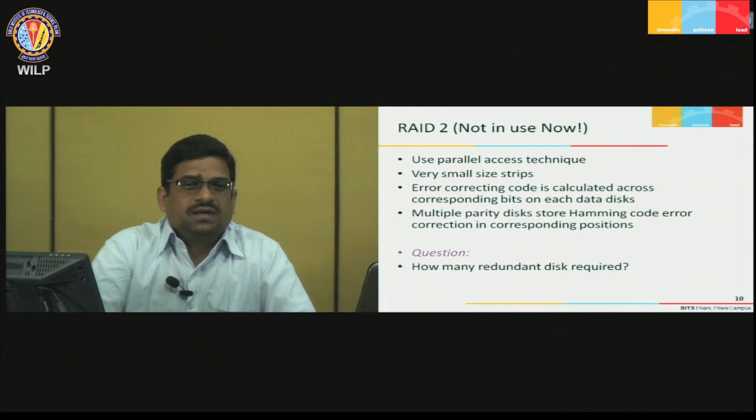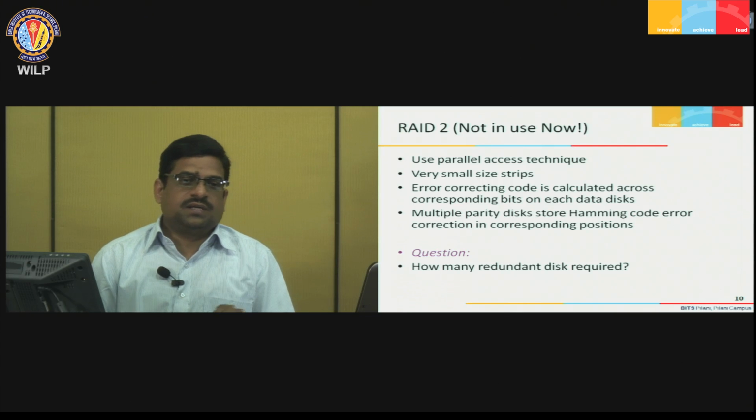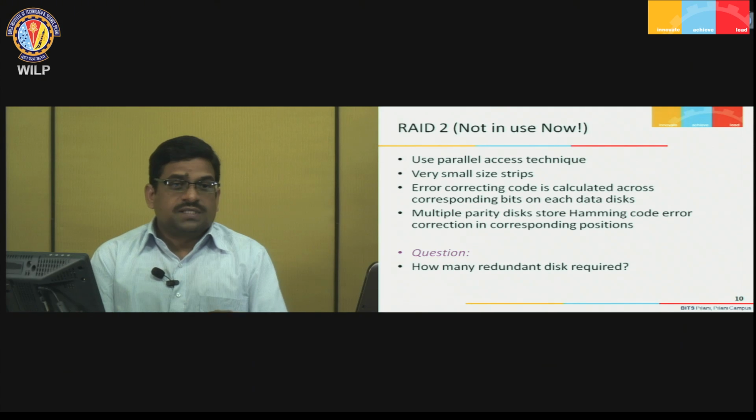So, too much redundancy, or an exact replica, is not a problem in terms of the cost of the system. But if you want to optimize, then people definitely use other RAID levels. So, RAID 1 is in common use.